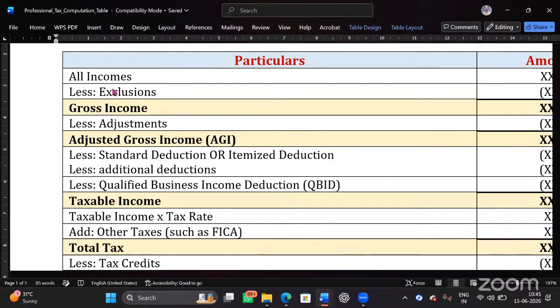And one more schedule is there, Schedule 3 credits. Even after calculation of tax, there is no need to pay the entire tax. Some more concessions are given in the form of tax credits. That credits list is given in Schedule 3. In India, like ATC. Exactly. ATC in India.